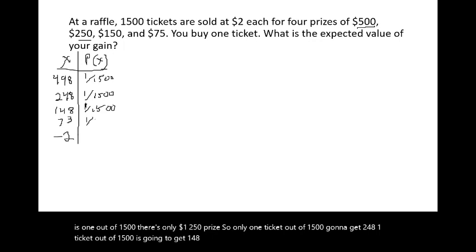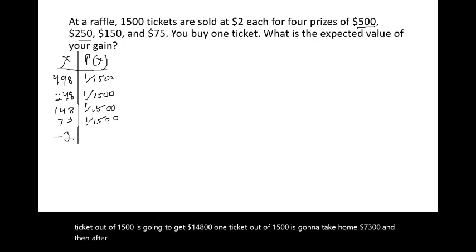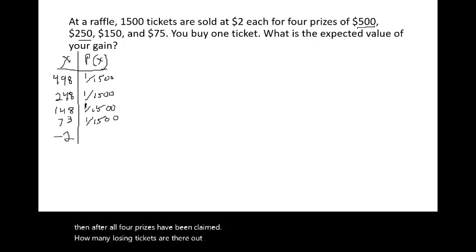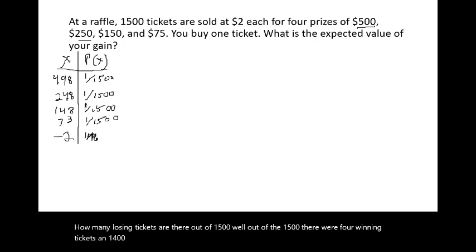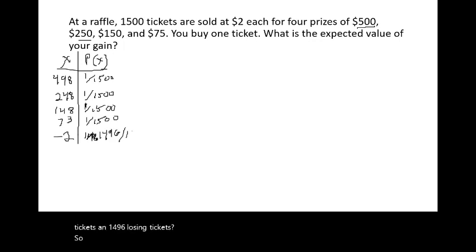One ticket out of 1,500 is going to take home $73. And then after all 4 prizes have been claimed, how many losing tickets are there out of 1,500? Well, out of the 1,500, there were 4 winning tickets and 1,496 losing tickets. So the probability of losing $2 is 1,496 out of 1,500.